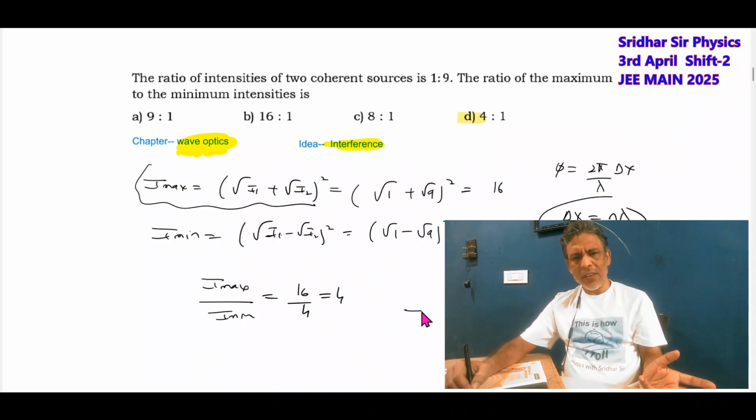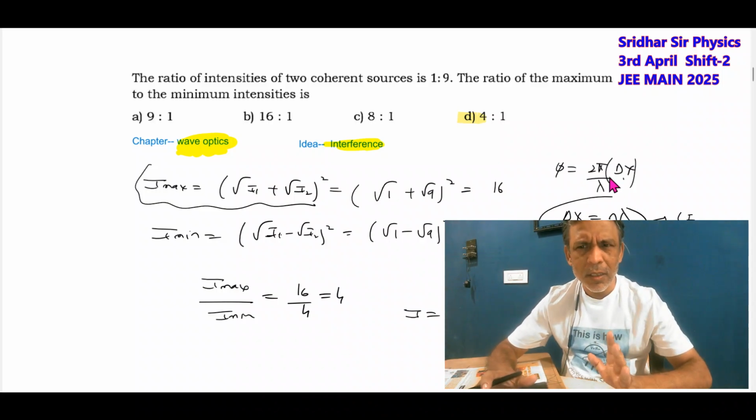The resultant intensity is I1 plus I2 plus 2 root I1 I2 cos phi, where the phase difference between the waves depends upon the path difference. If the path difference is n lambda, this will be constructive interference, and if it is (2n minus 1) lambda by 2, this will be destructive interference. Like this, all the formulas you must know.